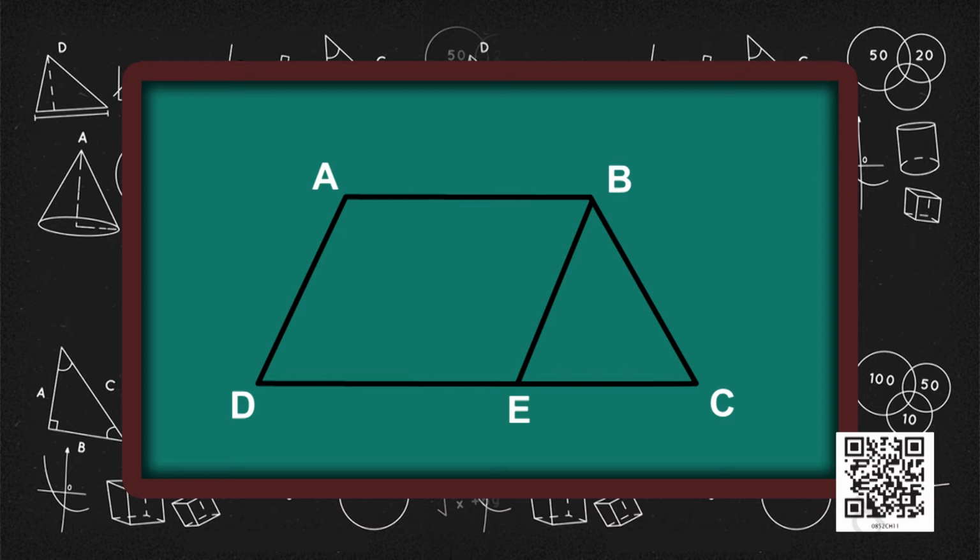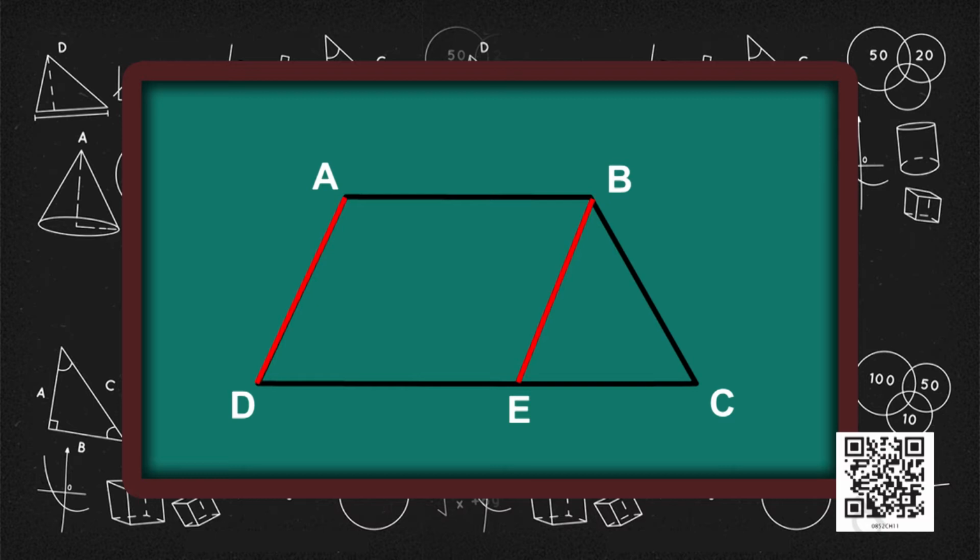But how do you say that ABED is a parallelogram? Correct, because AB and DE are parallel as they are the parallel sides of the trapezium, and we have constructed BE parallel to AD.